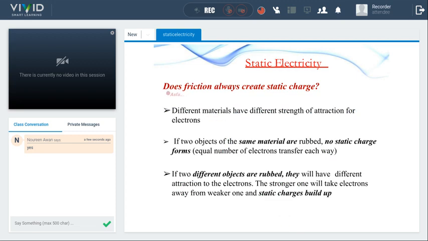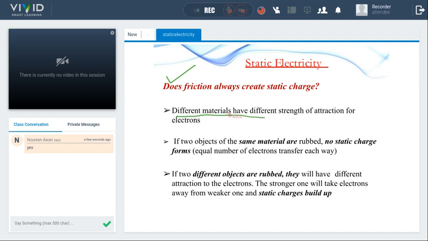Now we see, does friction always create static charge? That is a much more important question over here. So we will discuss it in the following ways. Different materials have different strengths of attraction for electrons.